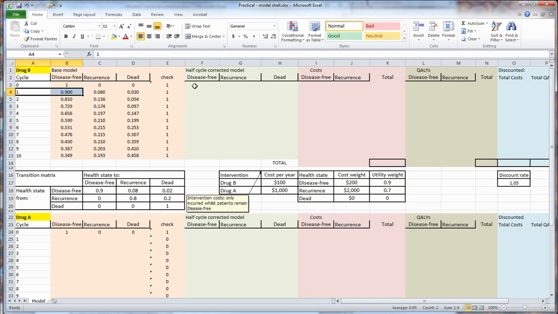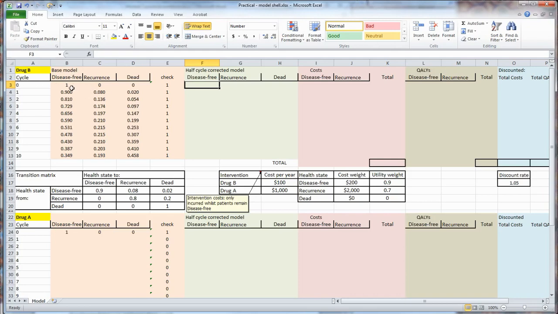Okay. Now, the next stage is to make the half-cycle adjustment to those proportions. And the reason we do that is because later on we're going to want to apply our costs and utility weights to the proportion of patients who are in each of these states.